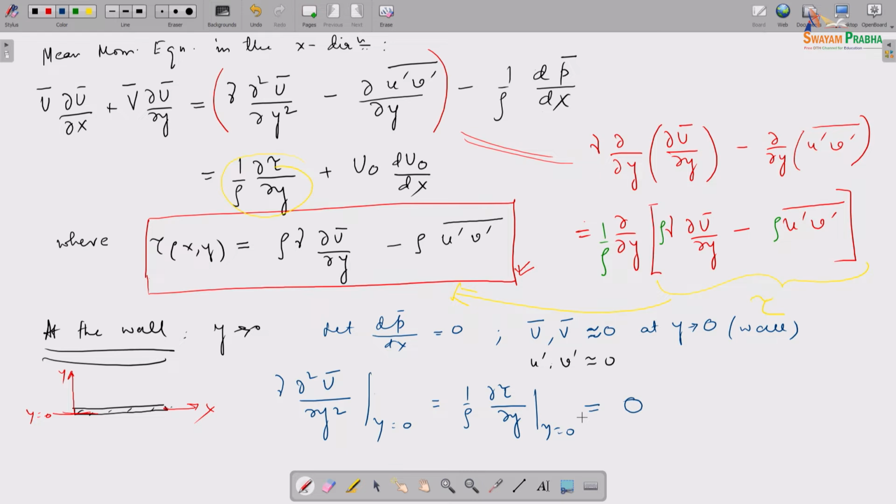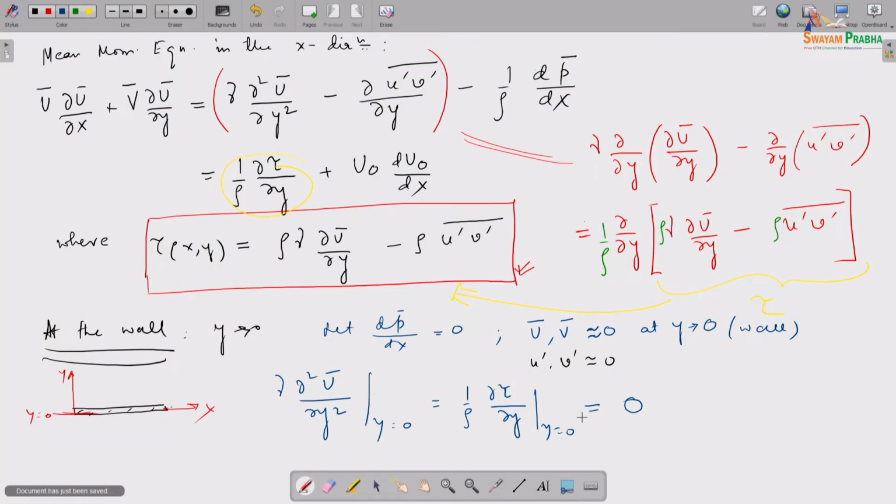Now what we had written earlier, from previously what we had done is this del 2 y bar del y 2. So at the wall this is equal to 0.